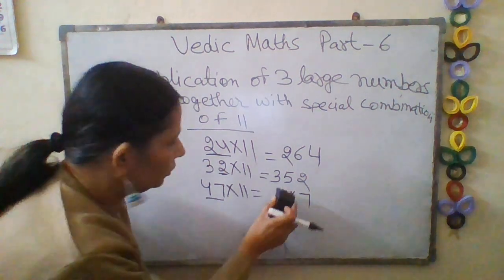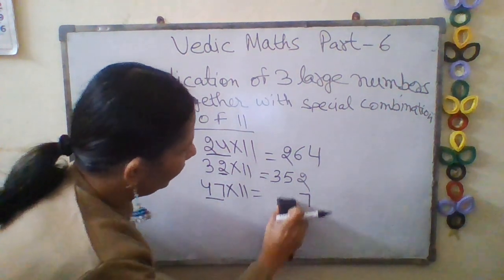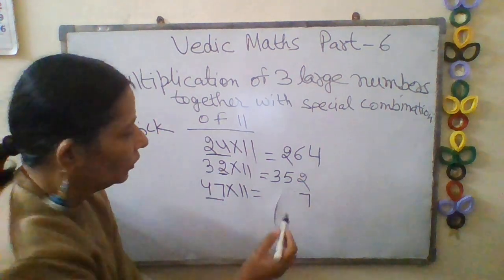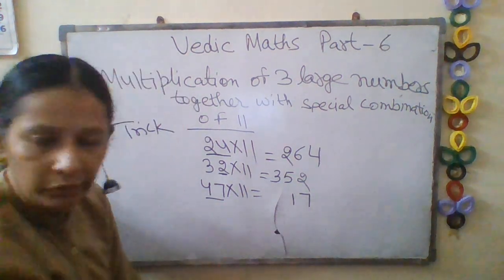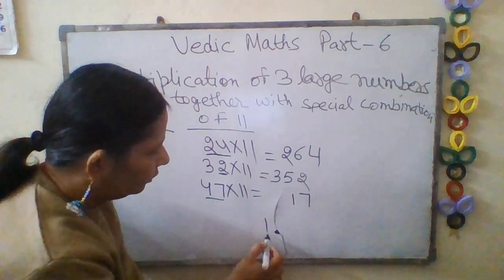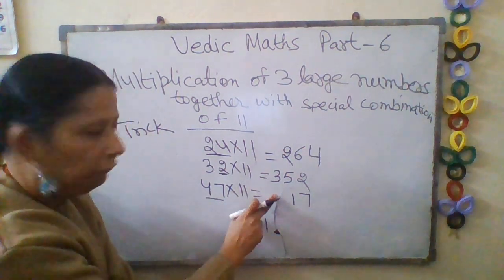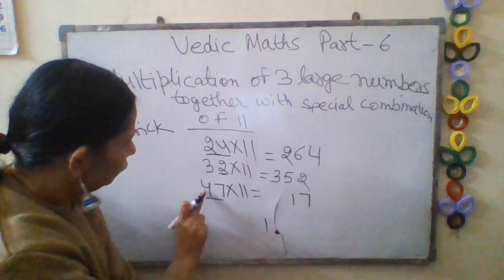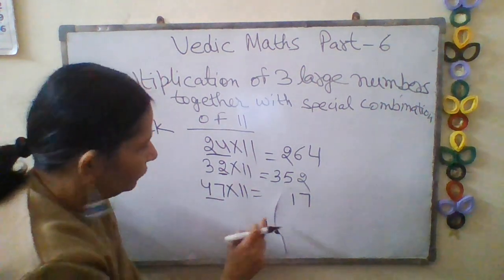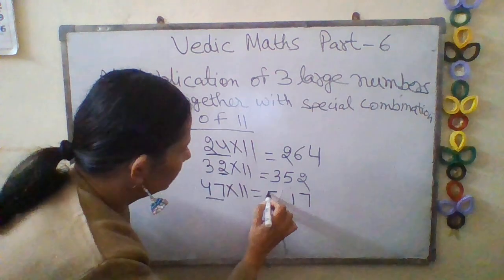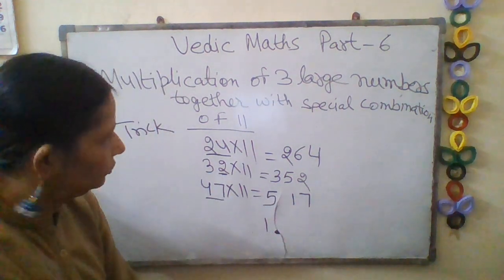If you write down this 11 here, it will be wrong. You can write down only one digit here. From 11, the digit 1 you write here and 1 you carry forward. Now you have to write down 4, but to this 4 you will add this 1. So 4 plus 1 is equal to 5. So 517 is your answer.